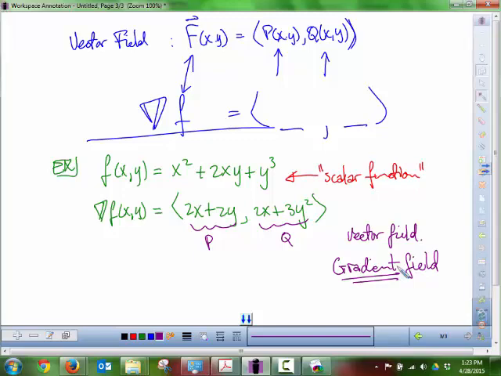So if you have a gradient field, oops, the I goes before the E, gradient field.